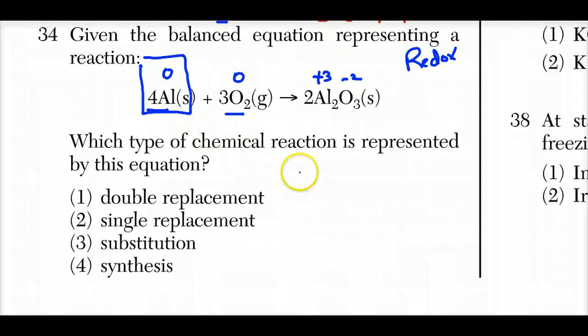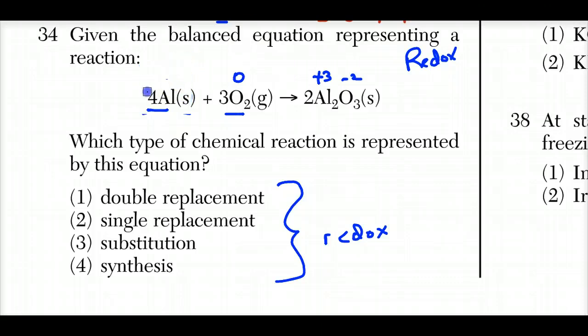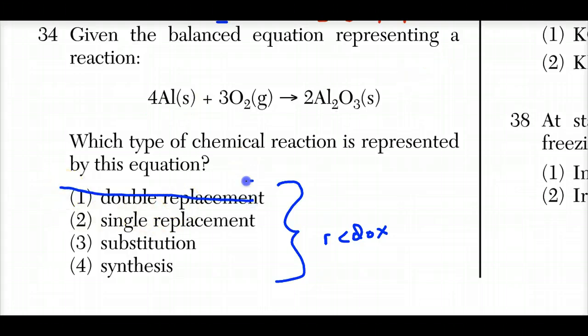Now, unfortunately, they don't have a redox listed. If this is a part 2 question, I'd write down the redox. Don't take any chances. But what else do I have here? Double replacement. This is definitely not double replacement. Double replacement means, if you had aluminum with something else and they switched ions, but these guys are by themselves.